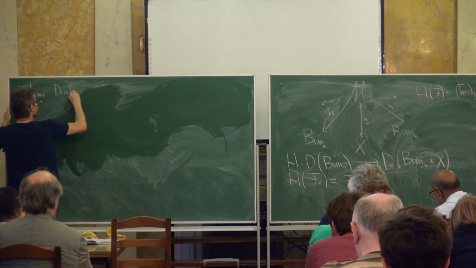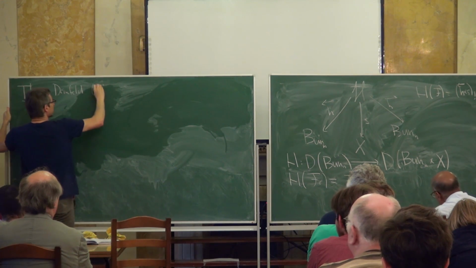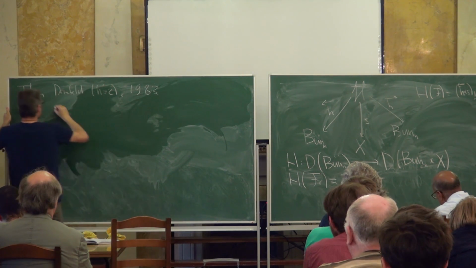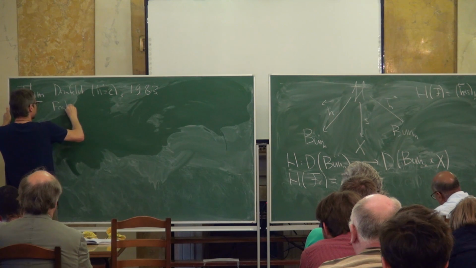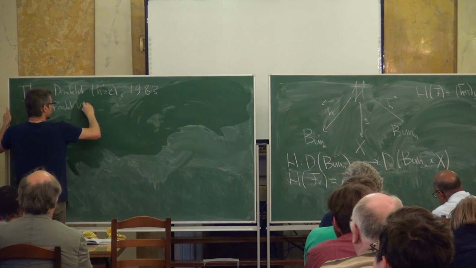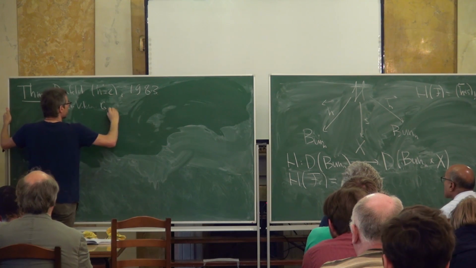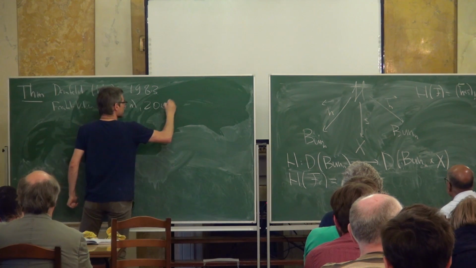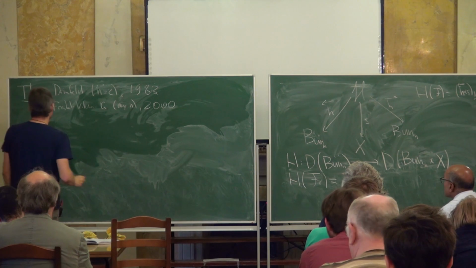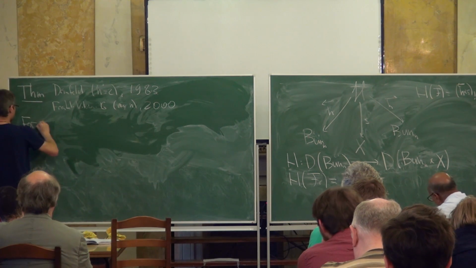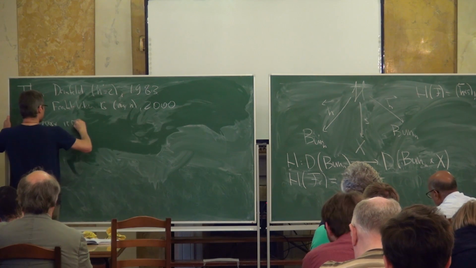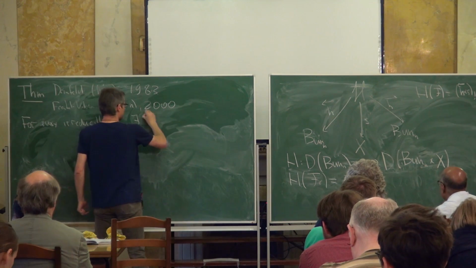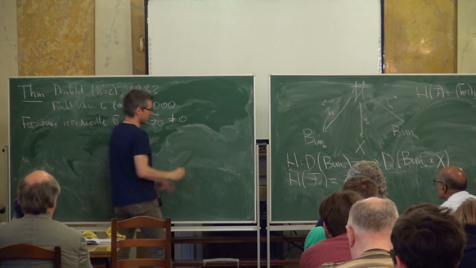Drinfeld for n equals 2, as I said, 1983, and Frenkel, Gaitsgory, Vilonen, and myself for any n, around the year 2000, is that for every irreducible sigma, there exists a non-zero F sigma that satisfies the Hecke property.